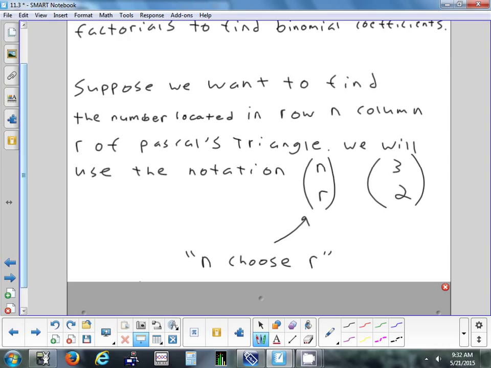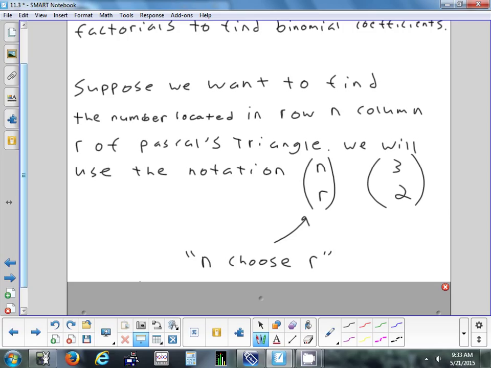If I said to you, I have 3 markers, and I want you to pick 2 of them, how many different ways can you do it? Well, you could pick the green and the red, the green and the black, or the red and the black. There are exactly 3 ways to take these objects and pick 2 of them at a time.